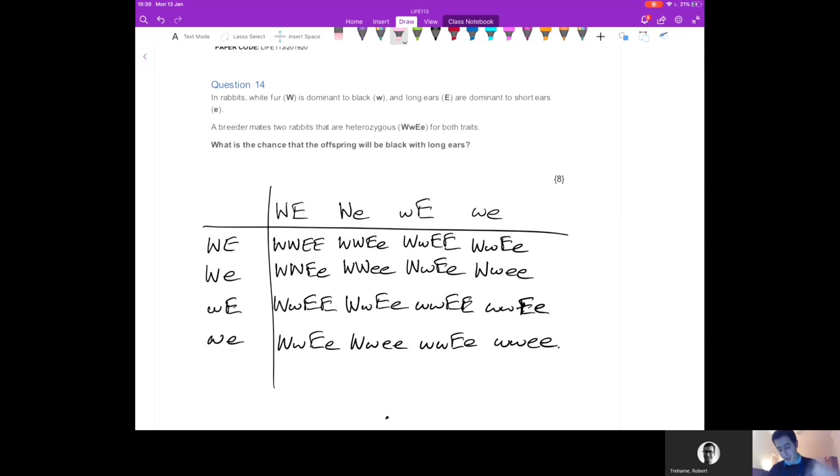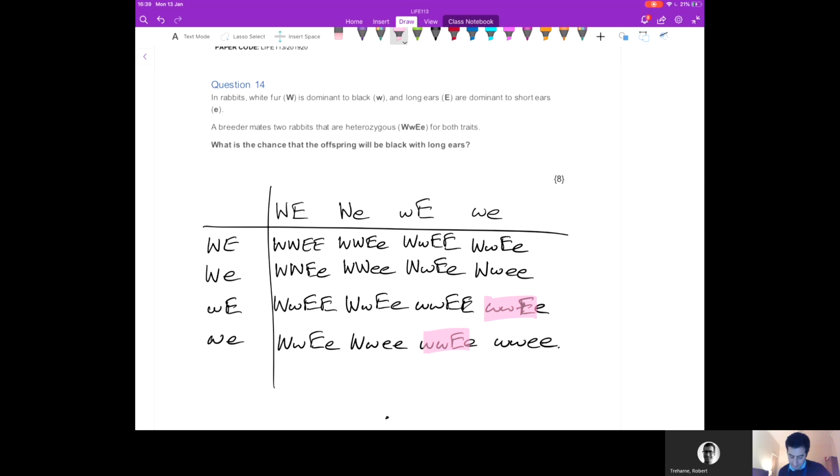And then for them to have long ears, they can be heterozygous or fully dominant in E. So anything with at least one capital E in it is good. So let's have a look. So this is good. It's going to work. That's going to work. What else have we got?